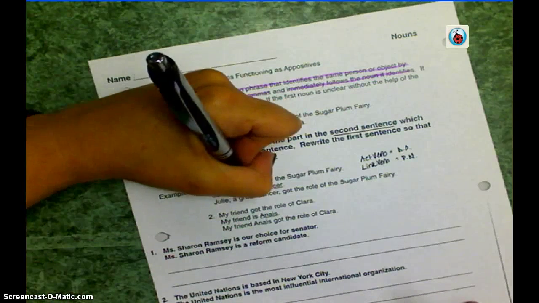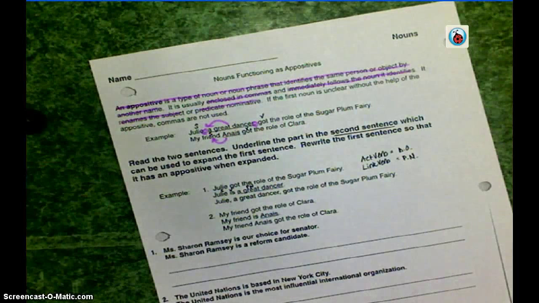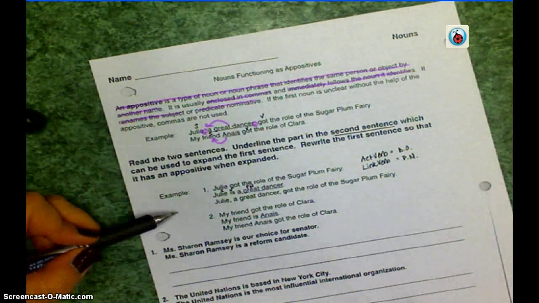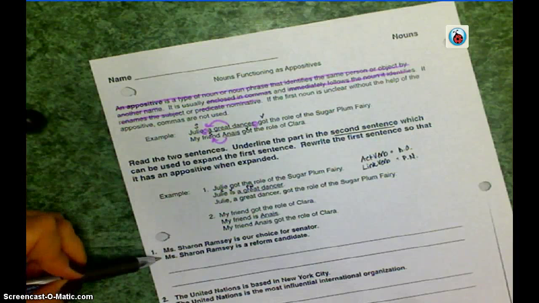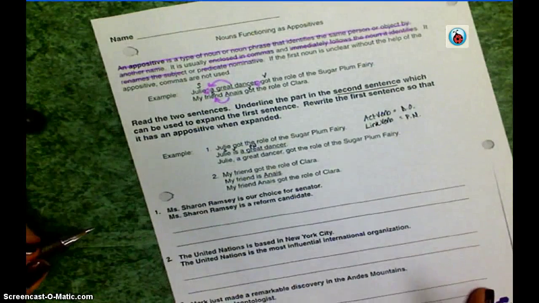So a great dancer is a predicate nominative telling us about Julie, right? So when we are looking to form our appositives, in all of our second sentences, when we identify the predicate nominative, that's what's going to change into the appositive. Okay, and it might get a little confusing, and that's why we're going to do the first three together.